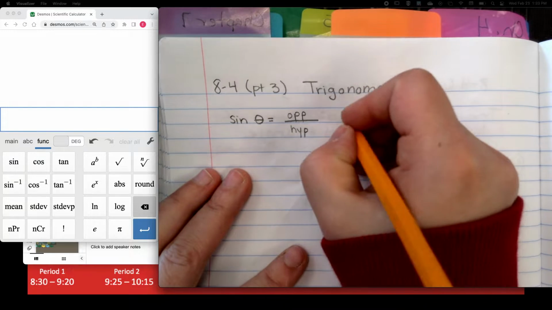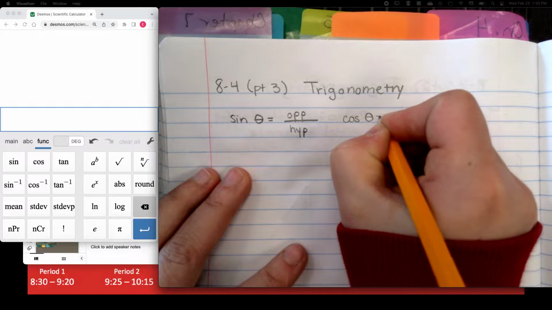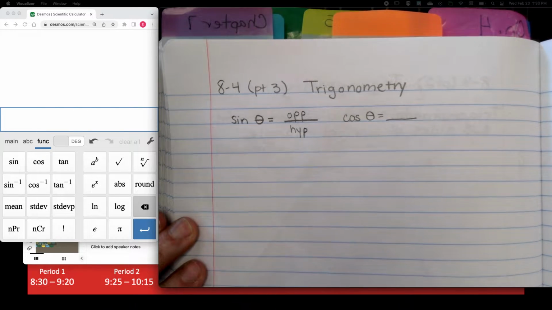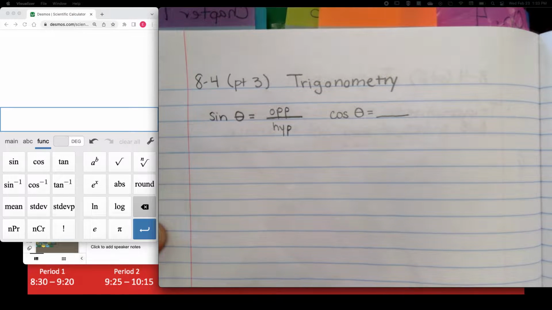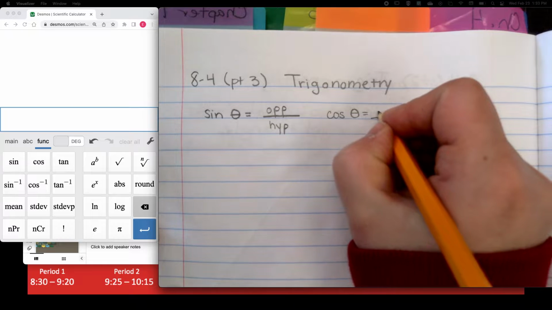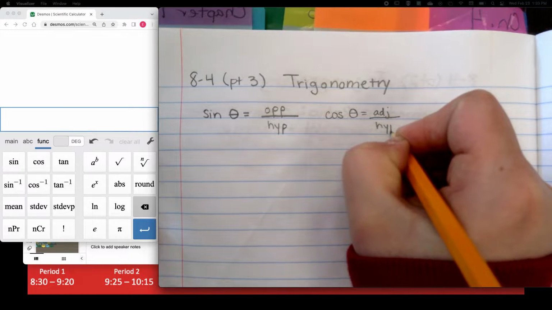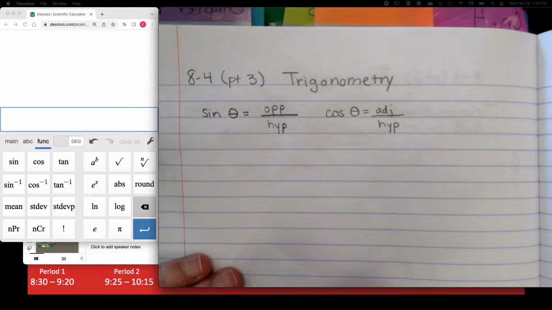Okay, and then we have cosine. And cosine is what over what? Good. Adjacent over hypotenuse. Miss Slider just talked about these, which is great.